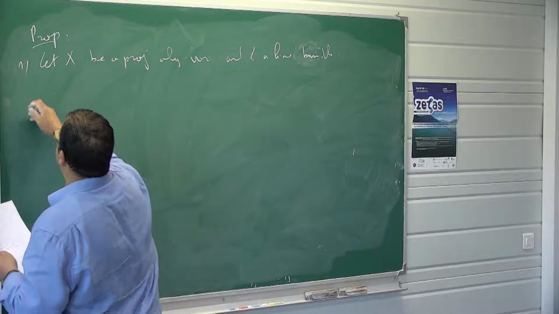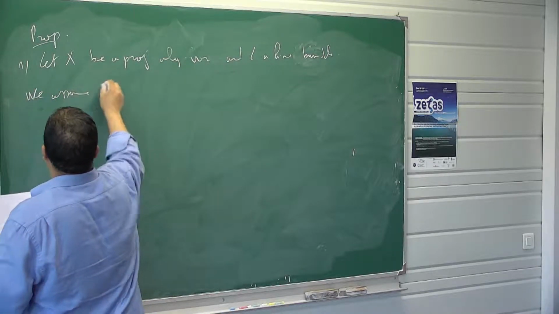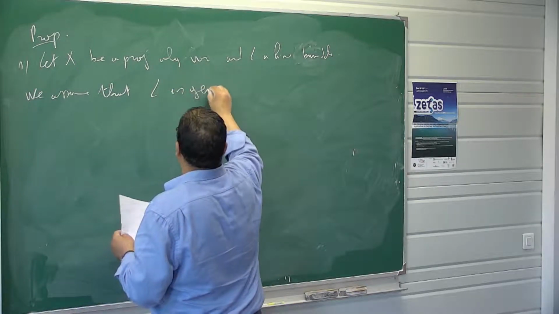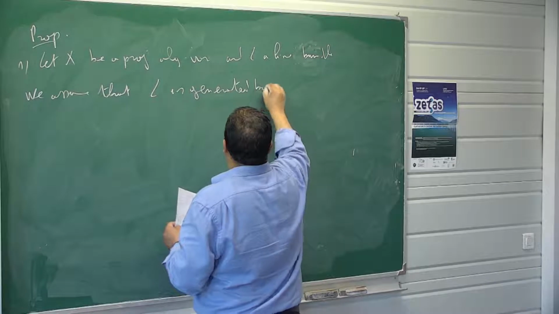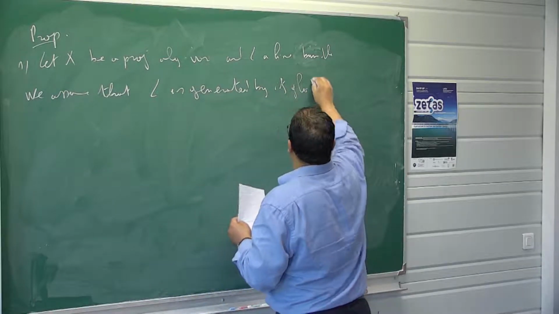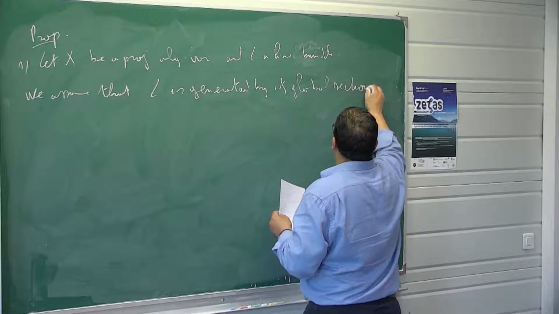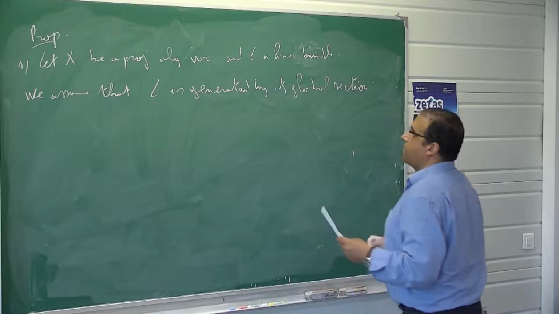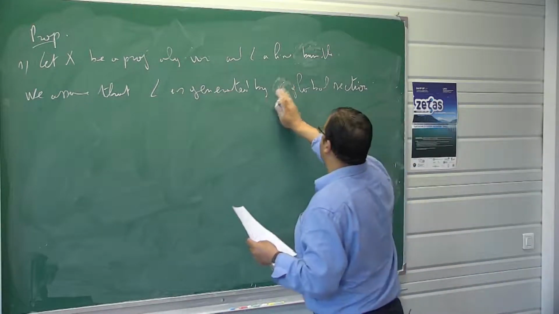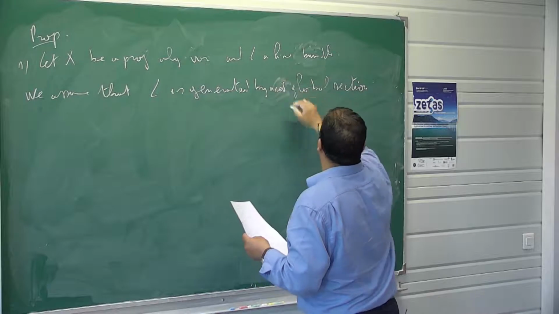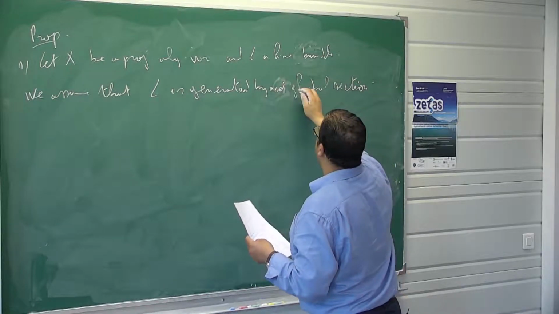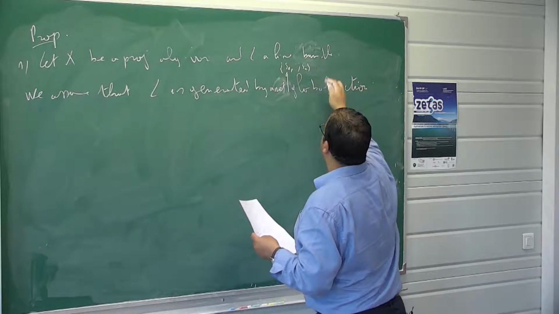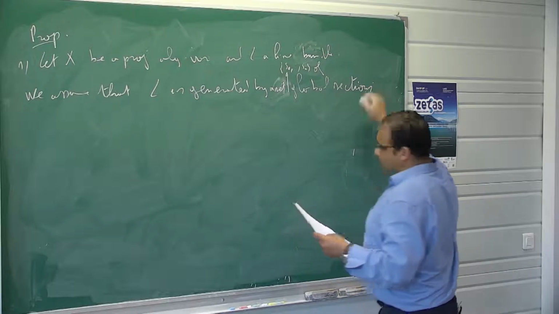We assume that L is generated by its global sections, so we choose a set s_0, ..., s_n of global sections.